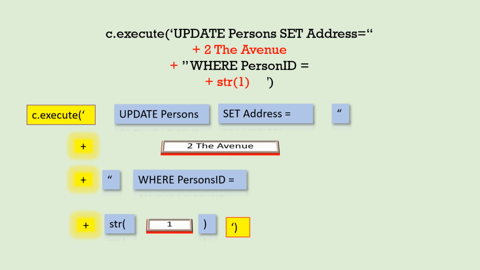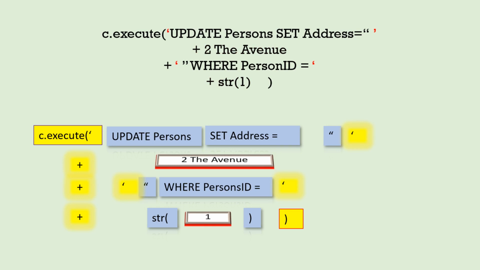The difficult part, if you see, we have update person set address equals, and then we've got a double quote because their address will be a string in the SQL. In the Python, this SQL is also a string, so we put that inside single quotes. So we have a single quote, then our SQL, and a single quote, and our SQL includes a double quote.